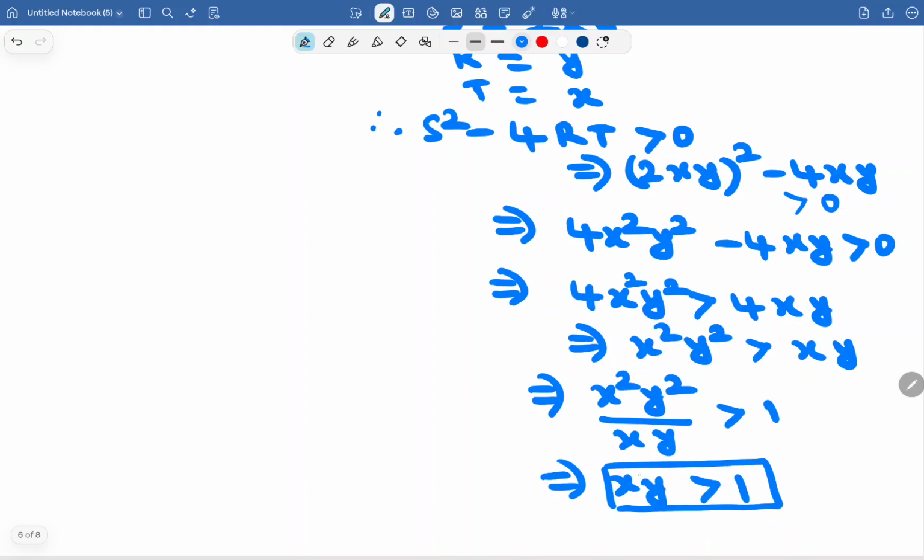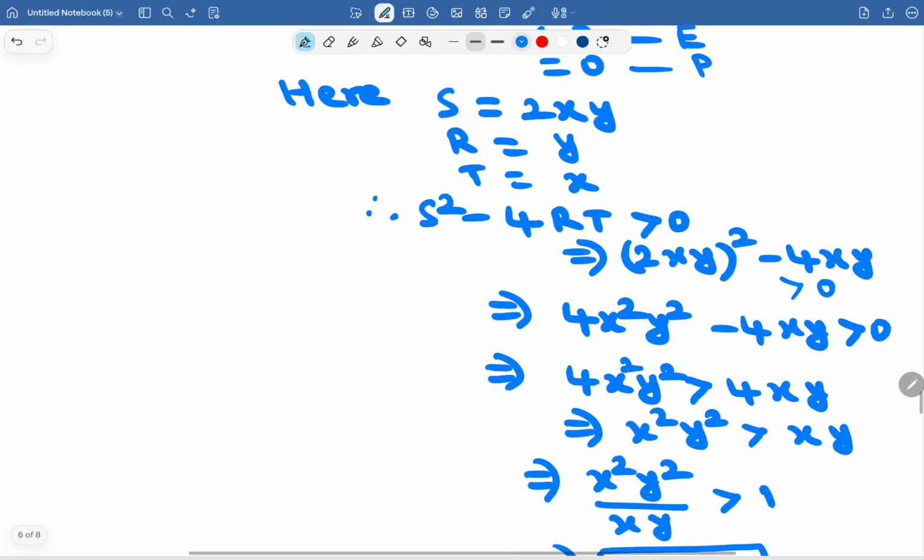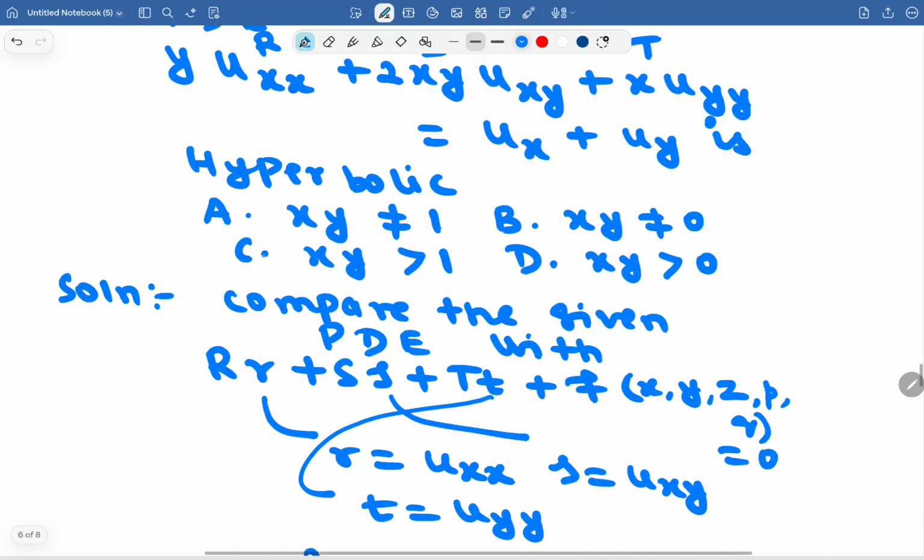For this problem, xy greater than 1 is the correct option. Option C is the correct one.